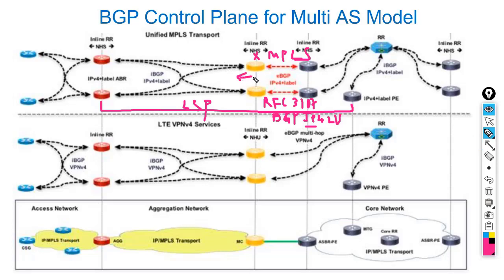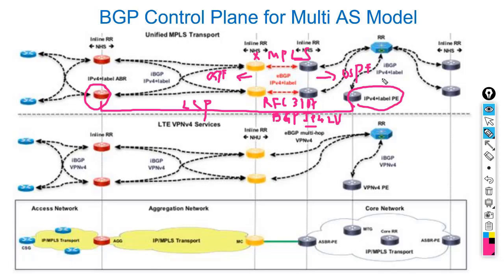We have to redistribute on the metro core from BGP to OSPF, and on the ASPR it is the same. We have to redistribute the IP address of the AGG to OSPF so that the PE router here and the AGG can communicate with each other.